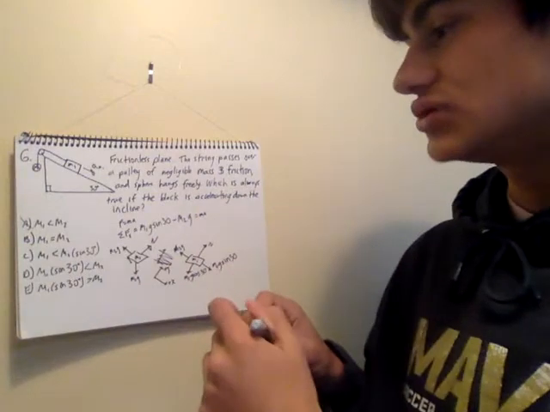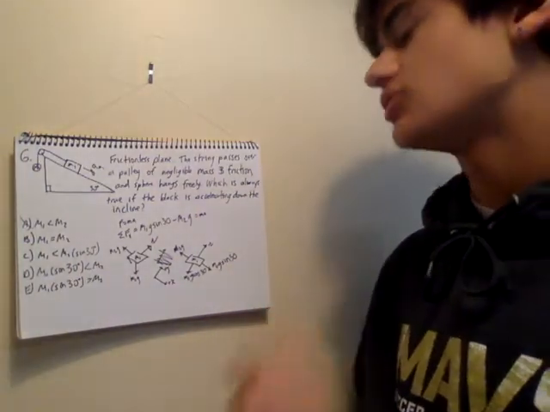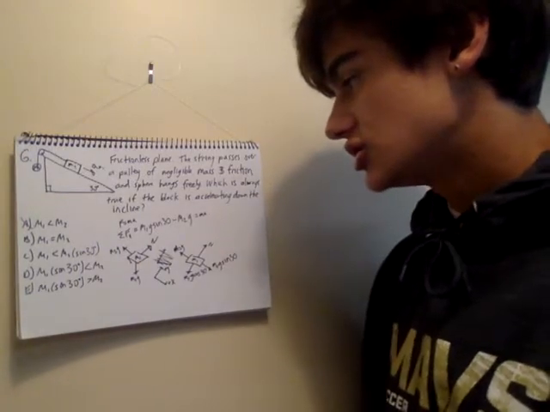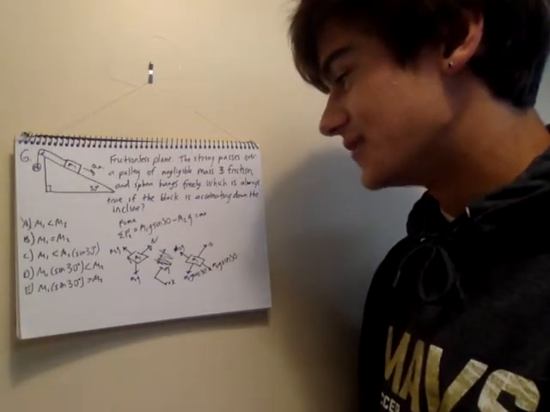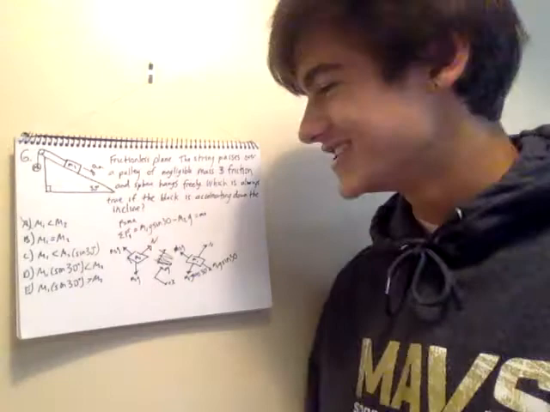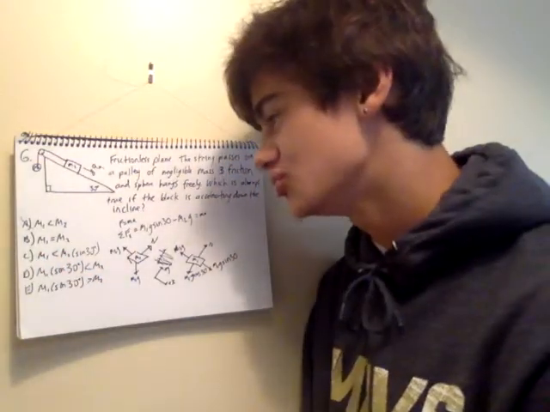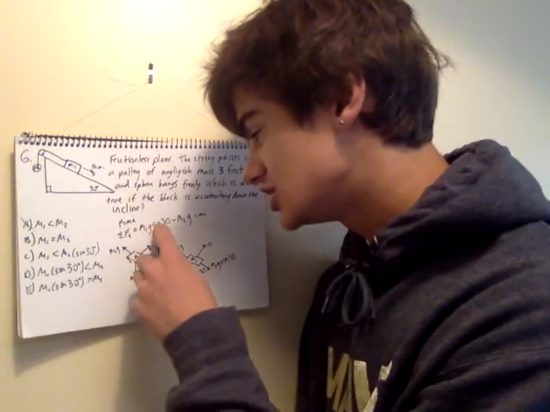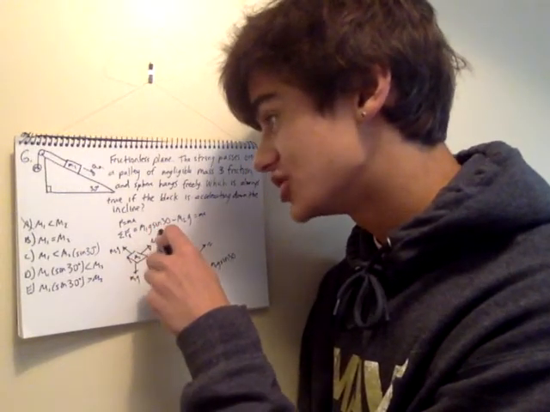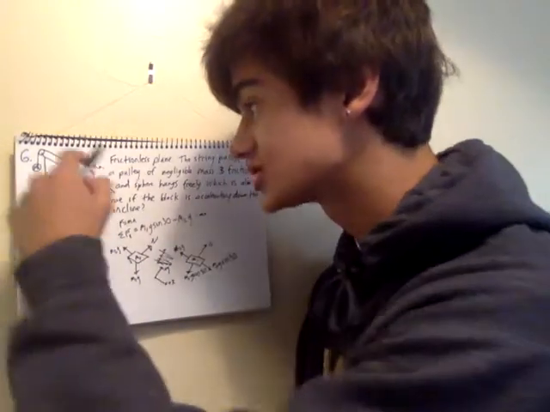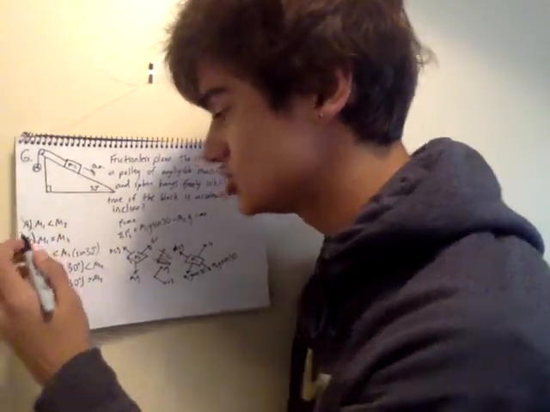If mass 1 is equal to mass 2, well, look at this. Sine 30 is less than 1. So m1g sine 30 is going to be less than m2g, so it's still going to be accelerating up the incline. We can get rid of this too.